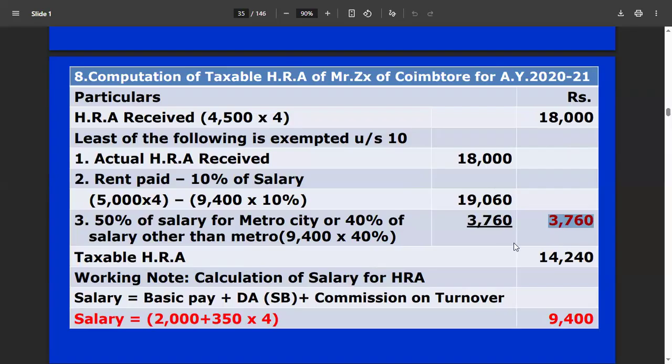And hence, the remaining part out of 18,000 is fully taxable. So in this numerical, only to include complexity, he is receiving HRA and he is living in a rented house for 4 months. Otherwise, there is no difference in the calculation. So again, I will show you the numerical and solution part. Please read this. If any doubt, ask me.